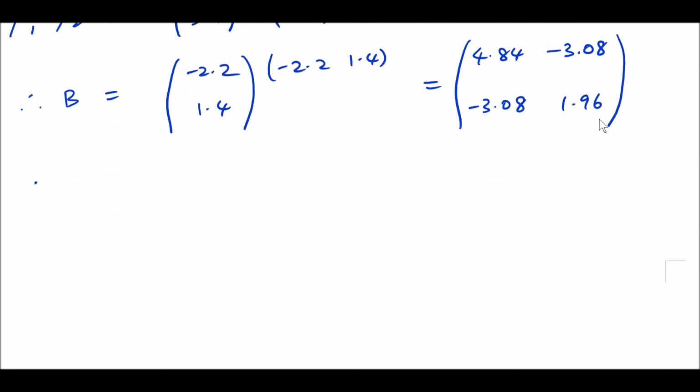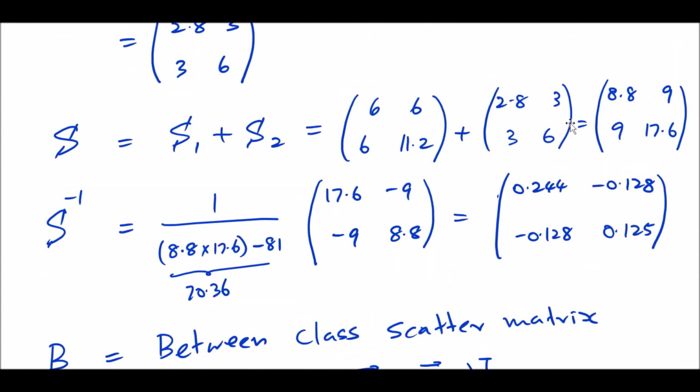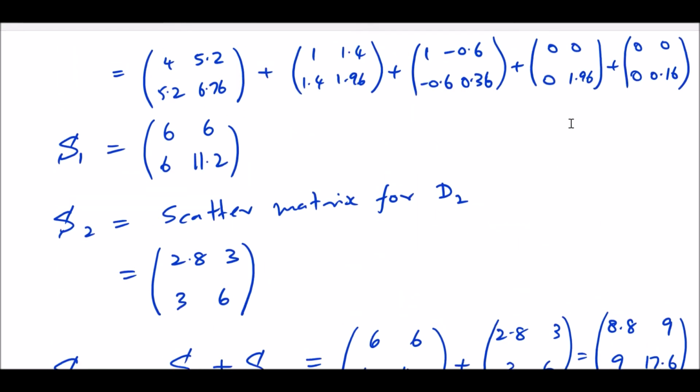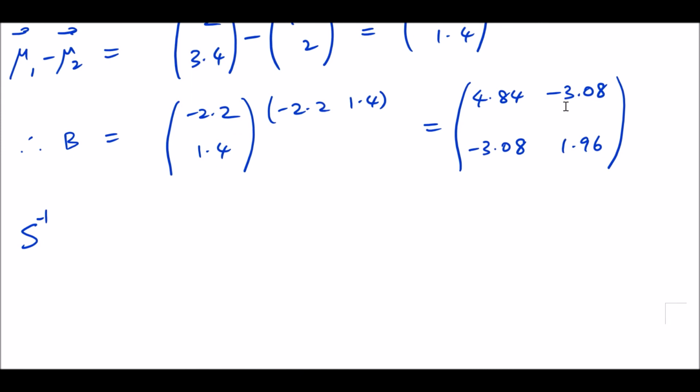Interesting. So we have these two matrices. Now we want to find the inverse, S minus 1, so it's minus 1 normally. So S minus 1 times B is what we are after.